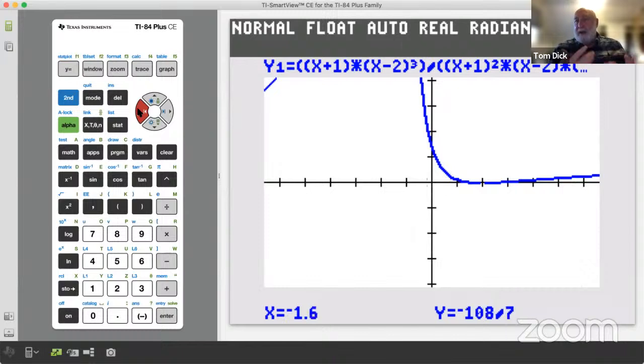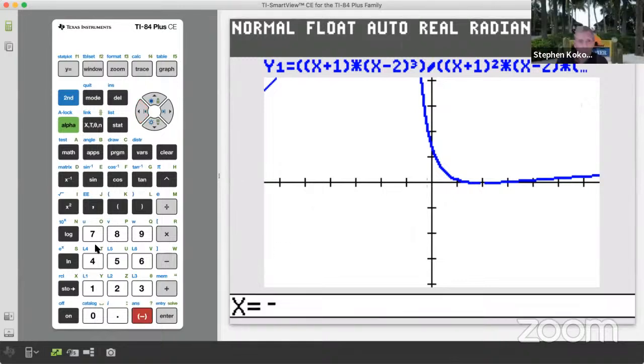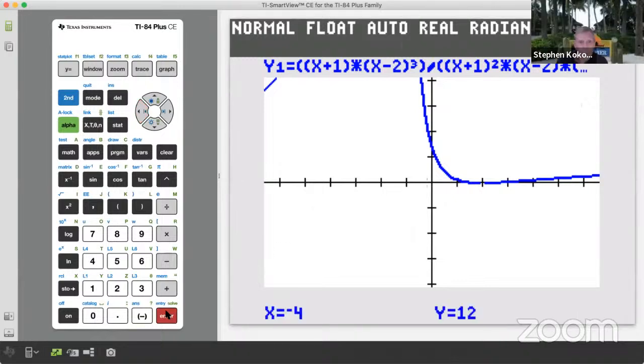So that might make me think that if I made -50 my Y min, I'd get a better looking graph. And Y max, well, let's see, all these values are negative right now. Let me jump over to where it's positive again, like maybe over to -4. Oh, see 12 there.